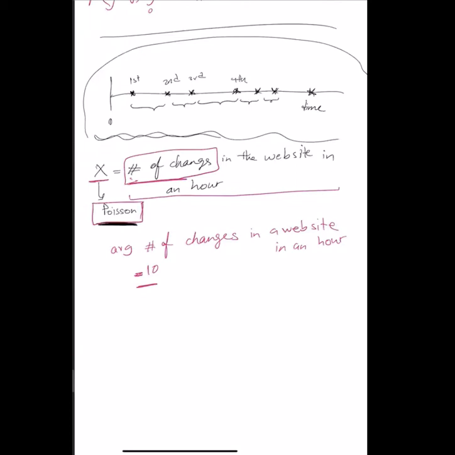This random variable has a Poisson distribution. The parameter lambda that I need to be able to answer any questions related to this random variable is the average number of changes in the website in an hour, and I already have it, and that's 10.